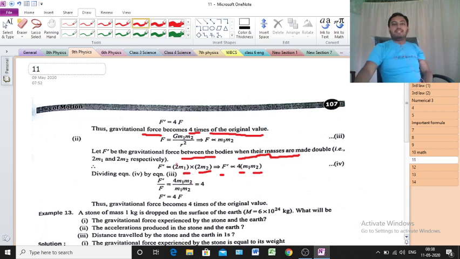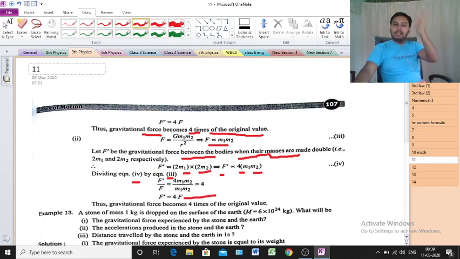Now just divide F prime by F, dividing equation 4 by equation 3. Equation 3 is F proportional to m1 m2 and equation 4 is F prime proportional to 4 m1 m2. So F prime by F equals 4 m1 m2 by m1 m2, m1 m2 cancel each other. So F prime by F equals 4, or F prime equal to 4F.